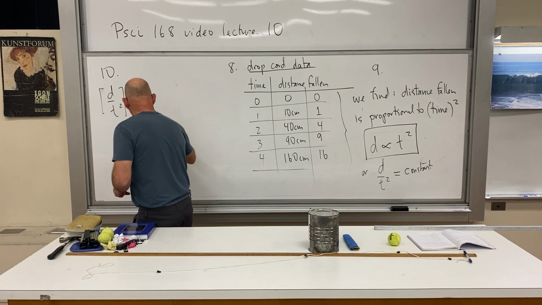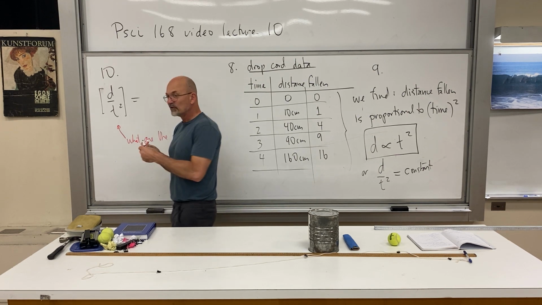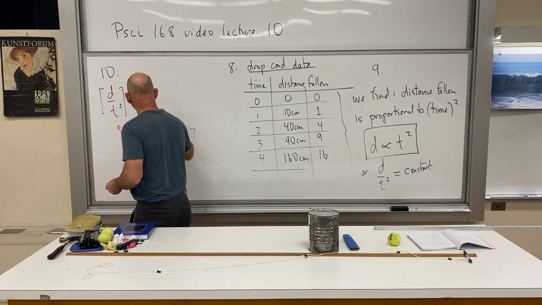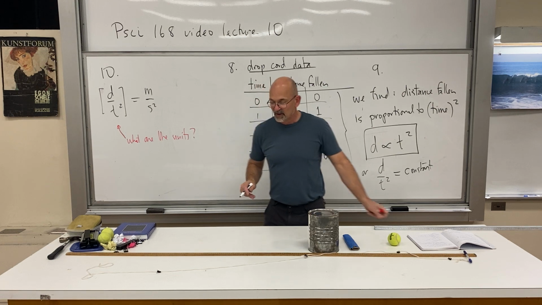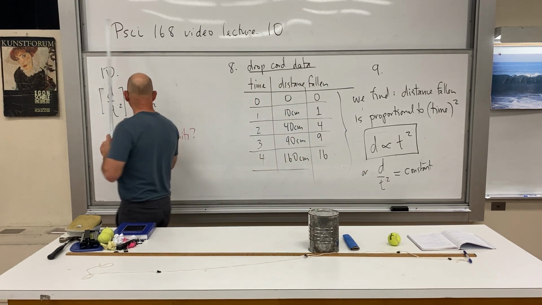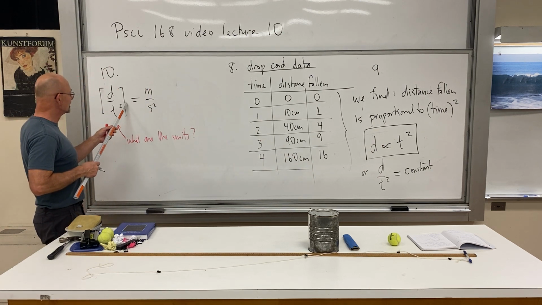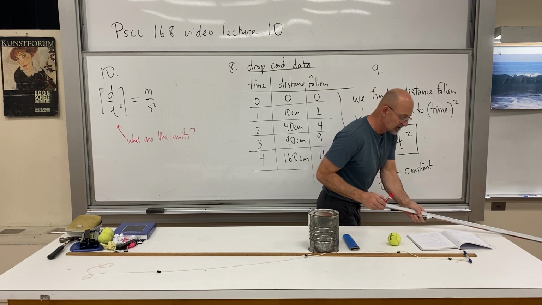What are the units? Well, we just learned about those units. The units are meters over second squared. Those are the units of acceleration. What we just discovered is that the law of free fall is that the acceleration is constant. So let's even underline this constant over here.